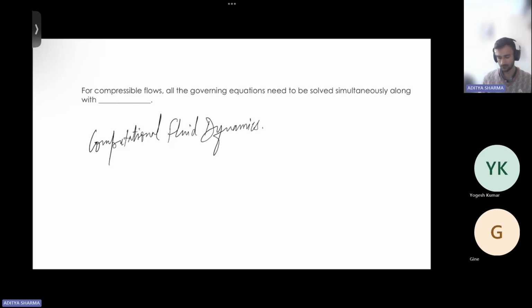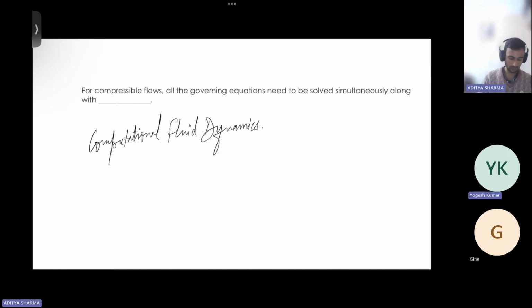So from that perspective, CFD is very important, and I would suggest that those who are interested in fluid dynamics must take computational fluid dynamics very seriously. At least they should do some course on computational fluid dynamics, and try to do things in practical also. All right.